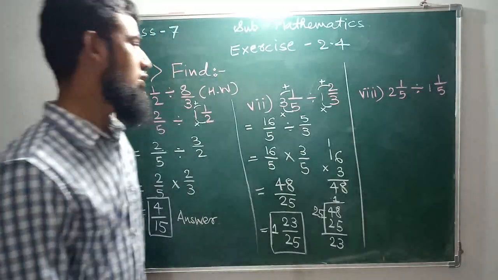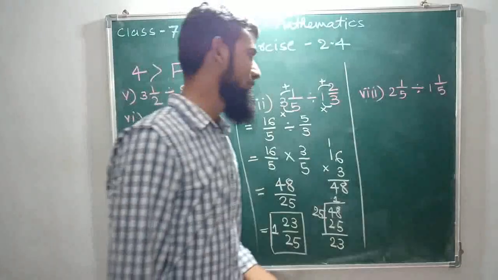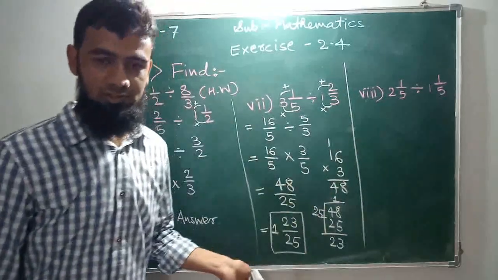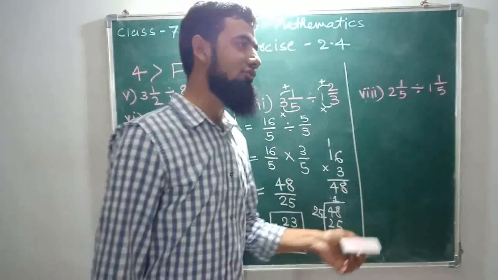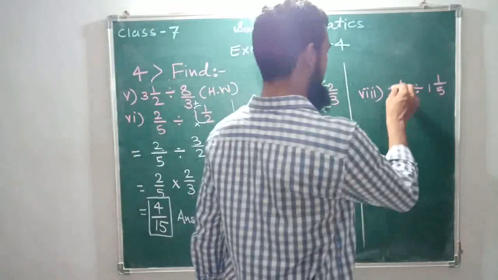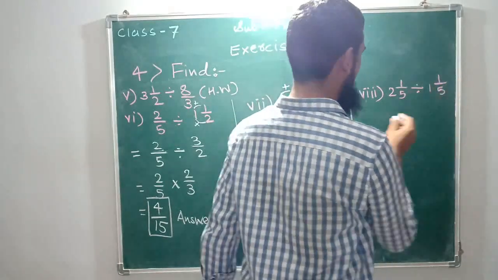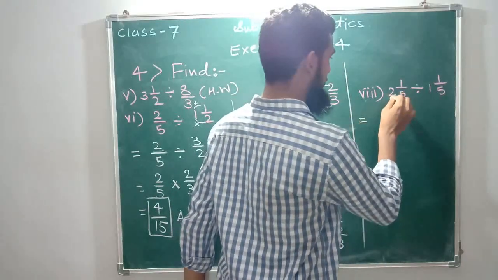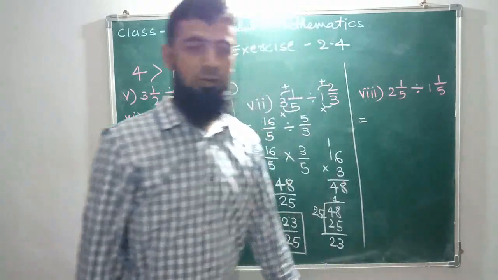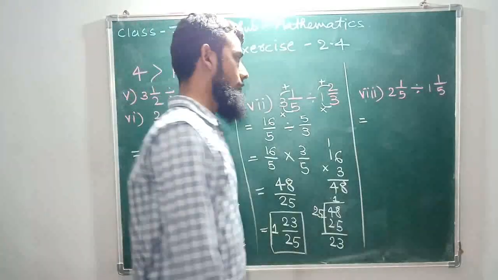Okay. Now we will move on to question number 8, and this is the last question for this exercise, and this is the last question for this class. Okay. Here 2 integer 1 upon 5 divided by 1 integer 1 upon 5. So what we have to do first? We will convert mixed fraction into simple fractions.